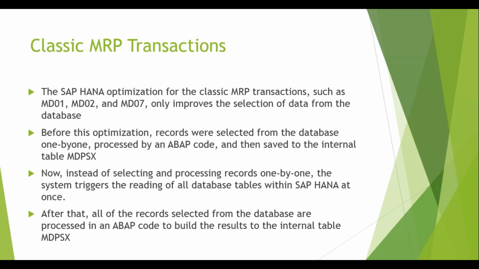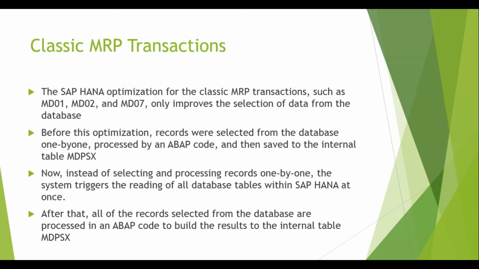Let me give you the overview of whatever we have discussed till now. There are 3 phases. One is the traditional MRP that we were using. In traditional MRP, although the features were good, it was taking a lot of time. Why? Because each record was selected one by one, processed one by one, and finally stored in the internal table one by one.